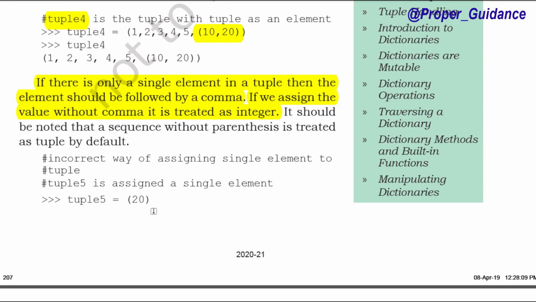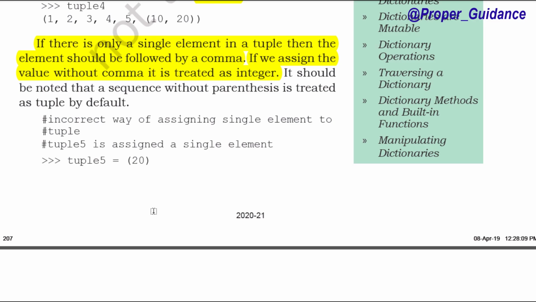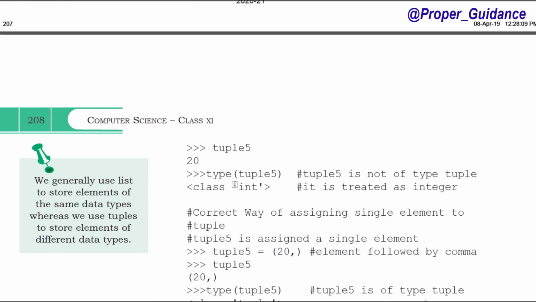Tuple 5 equals 20, and this is treated as an integer. 20 is an integer here. So type of tuple 5, this line type(tuple5), and tuple 5 is not of type tuple, it is class int, it is treated as an integer.